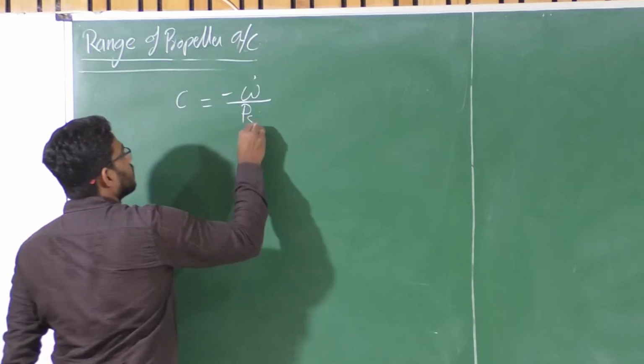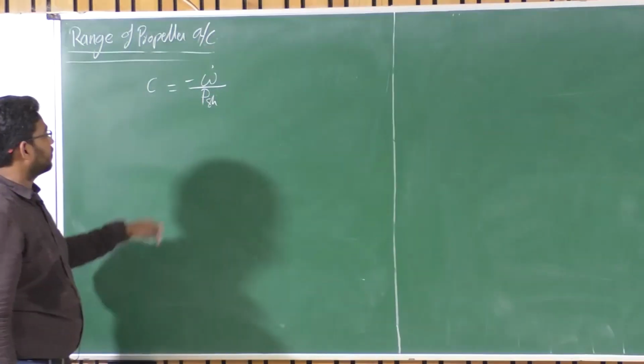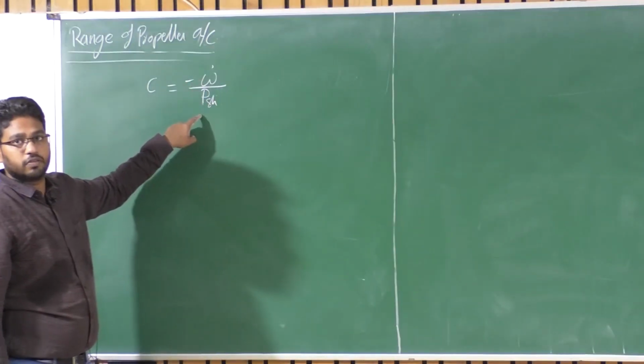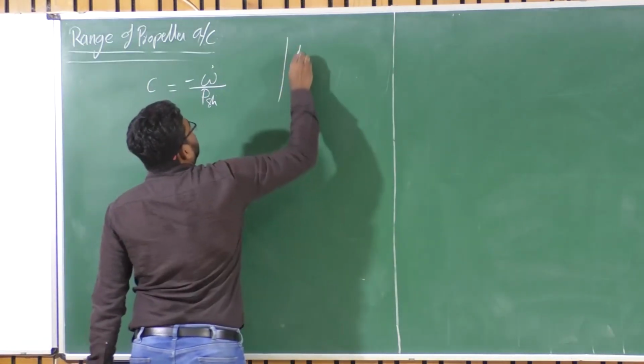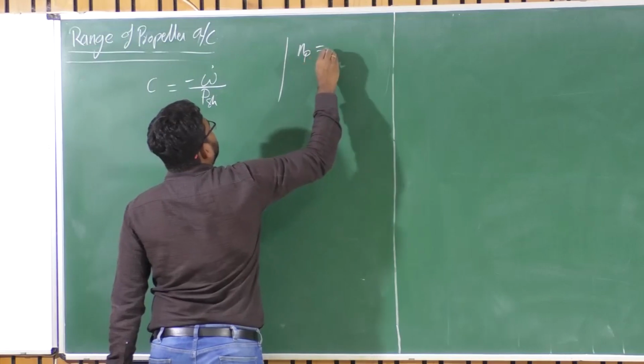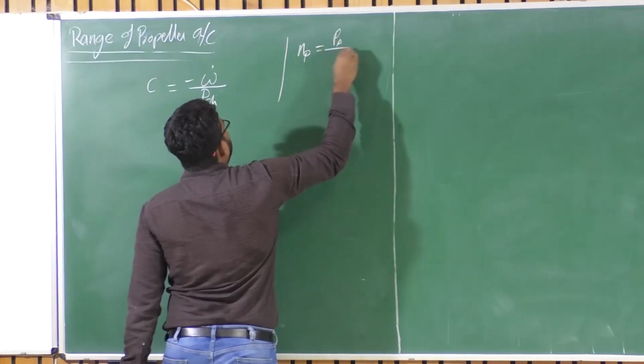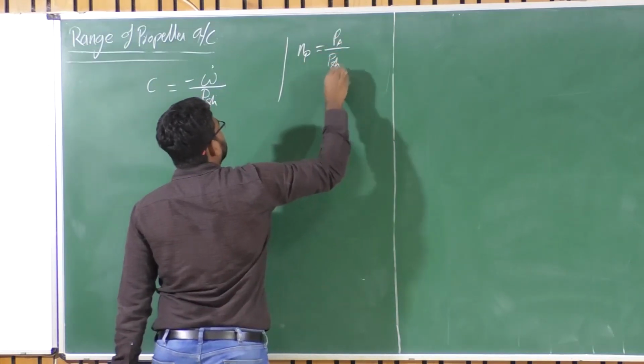So C is minus W dot upon shaft power, where propeller efficiency is equal to power available upon shaft power.